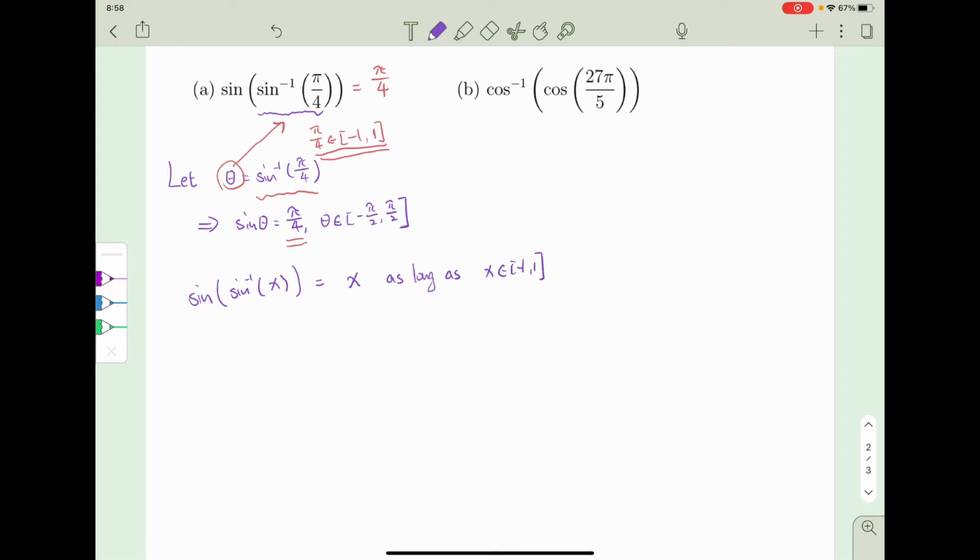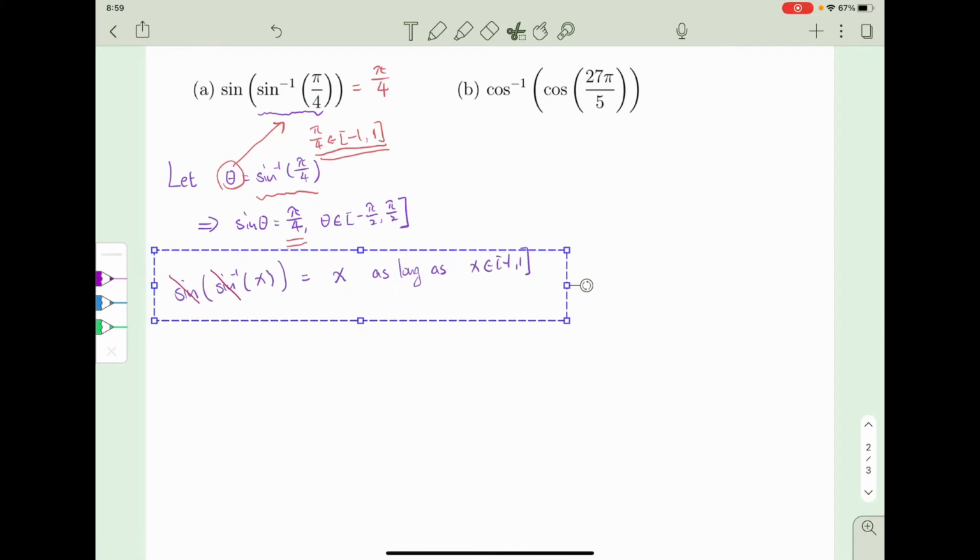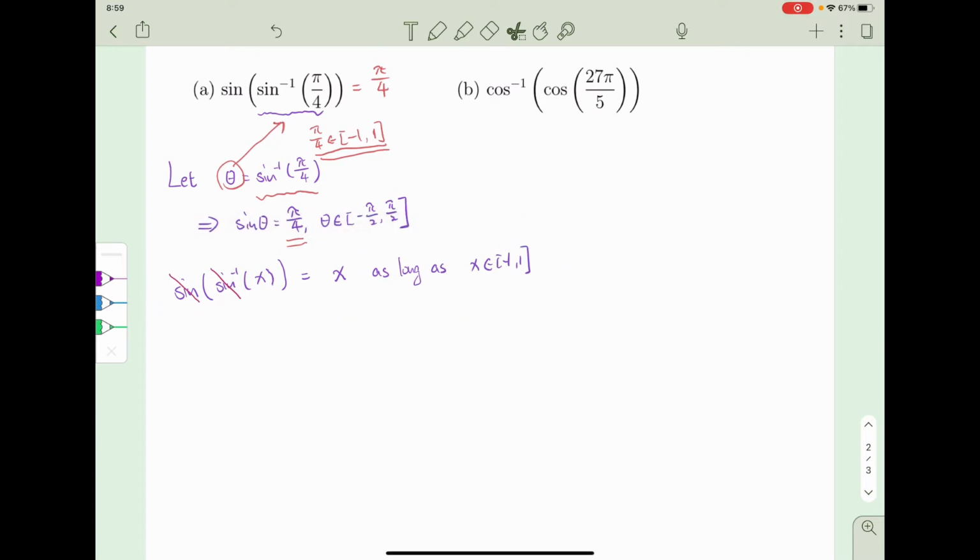It's sort of like this function and this inverse function cancel out. So that is the summary of this question. Whenever you see this thing, make sure that the value x is inside the domain of the inverse function. Then you can just cross it out, and the answer is just x. Okay, so that is our question A.